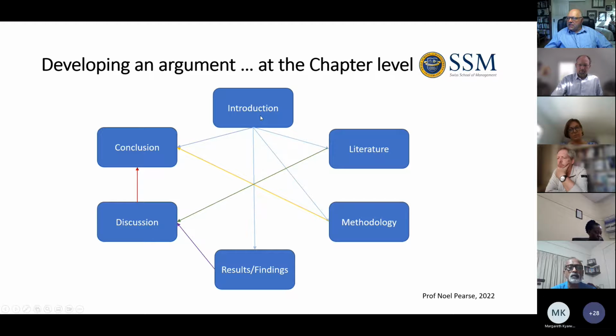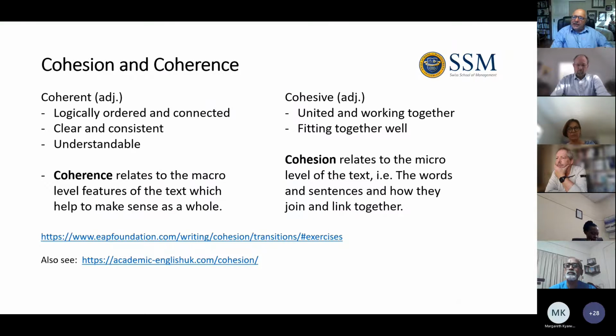The literature will feature highly in your discussion because once you've got your results and findings, you want to discuss their relevance, going back to your literature study. So there's this interplay between the different sections of your document.